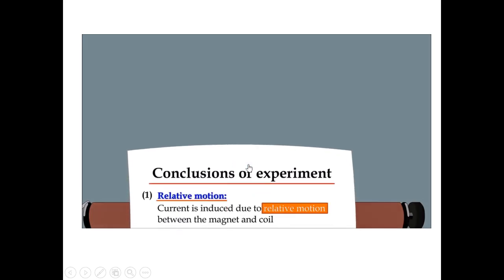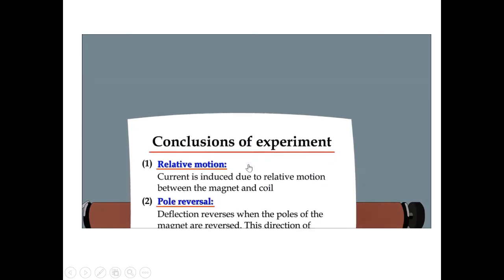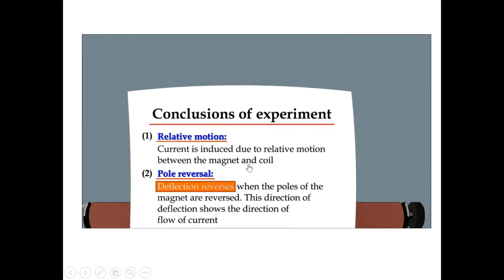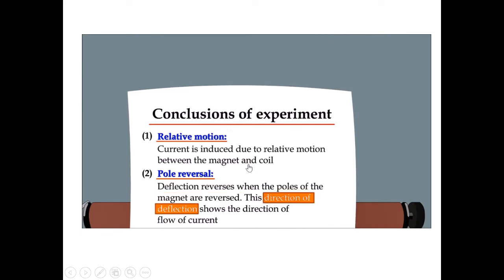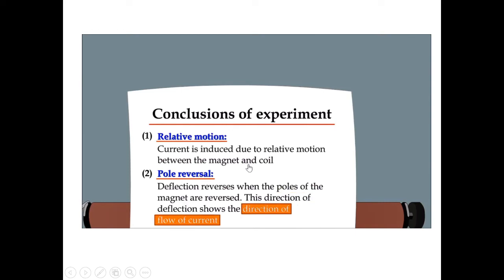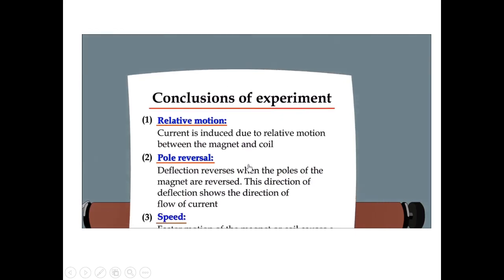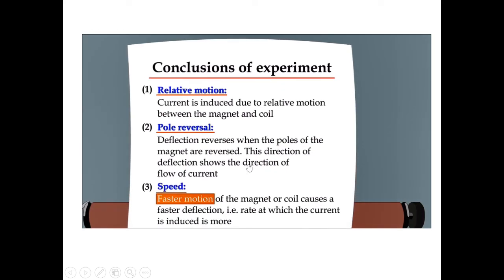Relative motion: current is induced due to relative motion between the magnet and coil. Pole reversal: deflection reverses when the poles of the magnet reverse. The direction of deflection shows the direction of flow of current. Speed: faster motion of the magnet or coil causes a faster deflection, that is, the rate at which the current is induced is more.